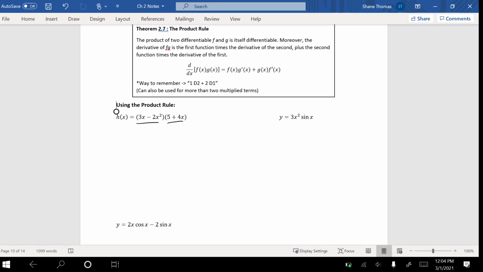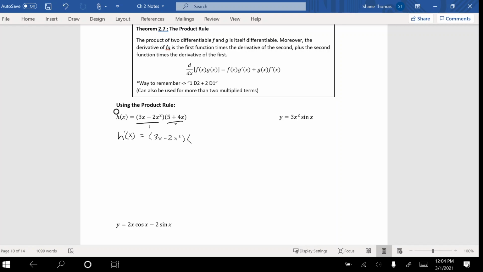So I want 1d2 plus 2d1. So h prime of x is going to be, 1 is right here, so 1 is 3x minus 2x squared, times d2. What's the derivative of the second one here?